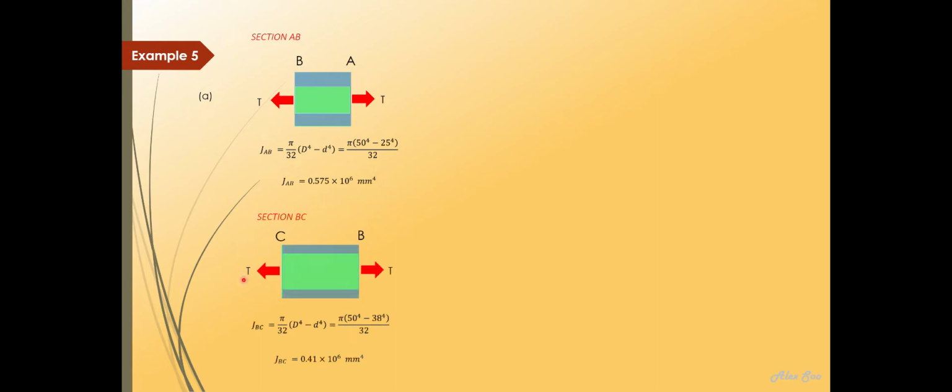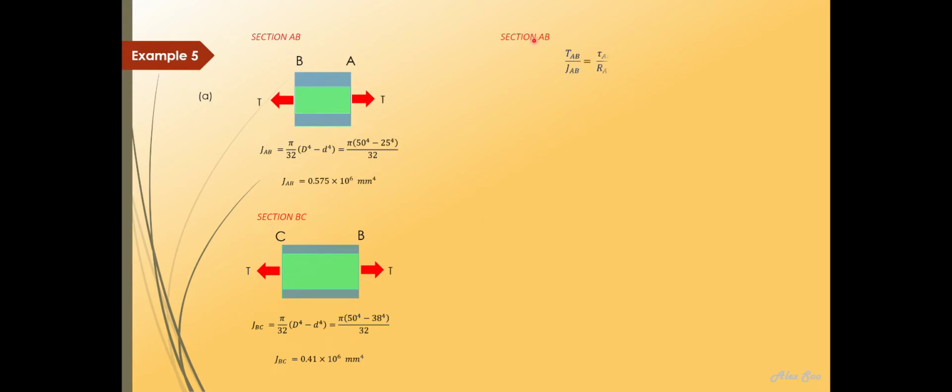For section BC, we have the polar moment of inertia based on the internal diameter of 38 millimeter, which is 0.41 times 10 to the power of 6 mm to the power of 4. So we have worked out section AB and section BC.